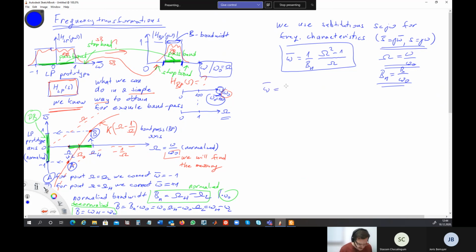Omega bar is omega 0 over bandwidth times omega over omega 0 square over omega 0, and this is equal to omega square over omega 0 minus omega 0 over B omega over omega 0, and this is omega square minus omega 0 square over B times omega.